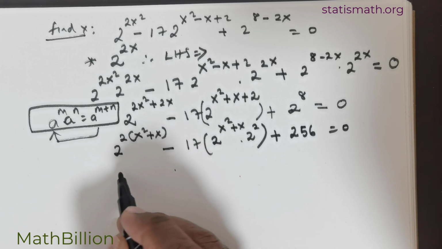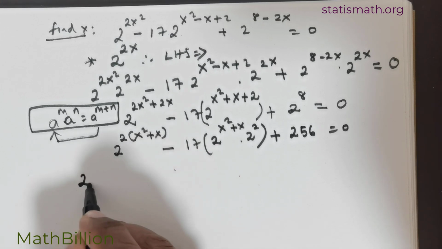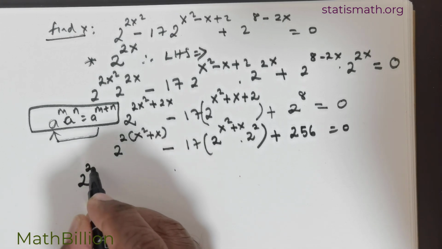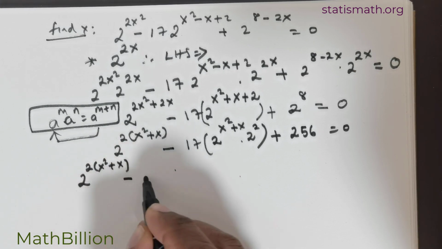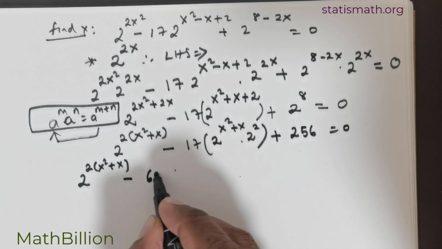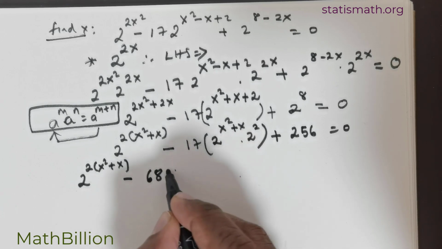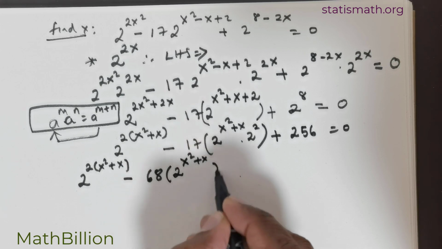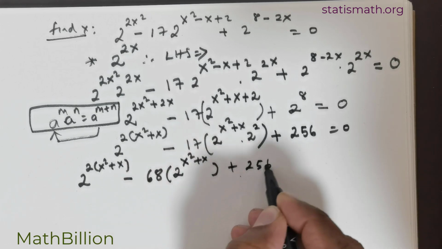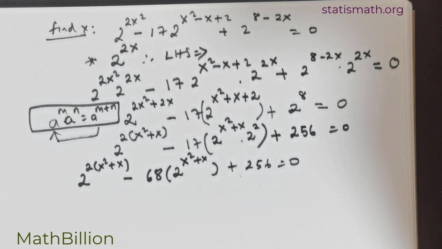So let me write this down. This is going to be 2^(2(x² + x)) minus 17 times 4 gives me 68, multiplied with 2^(x² + x), plus 256 is equal to 0. So this is what we have got.